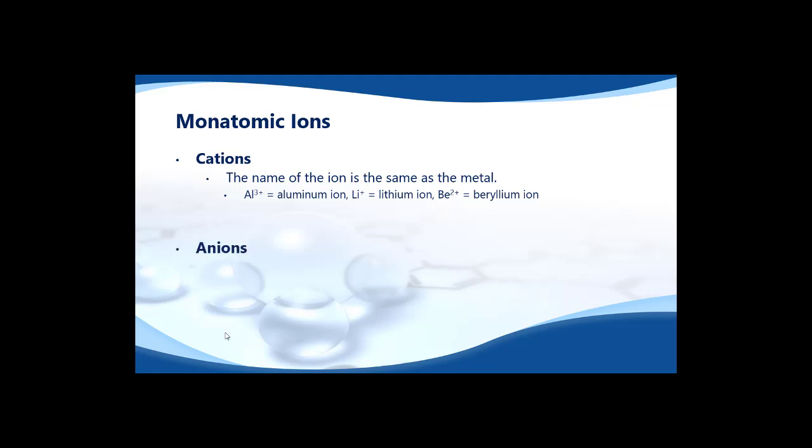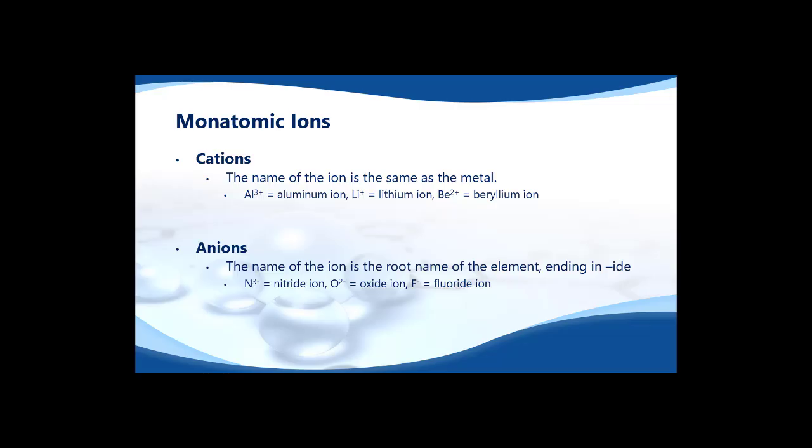Anions are negatively charged. They gain electrons, so they're going to be primarily nonmetals. Now, to name a negatively charged ion, you take the root name of the element, drop the ending, and add -ide. So N is the nitrogen atom.